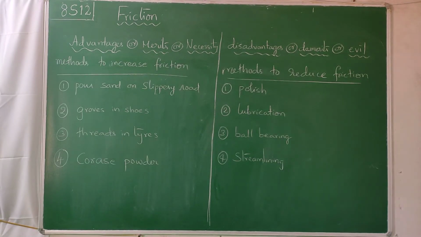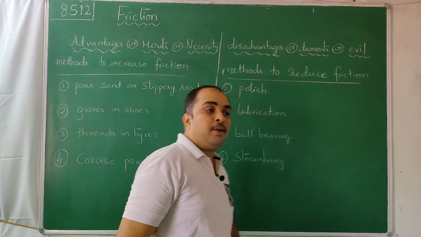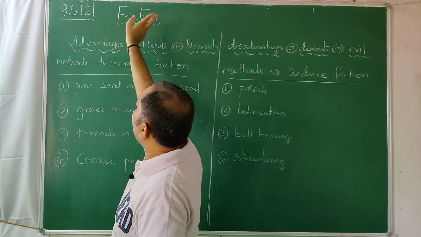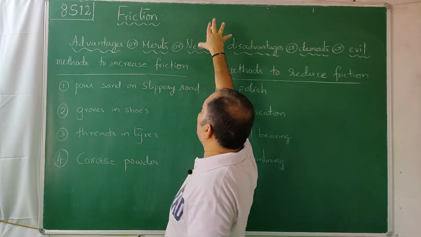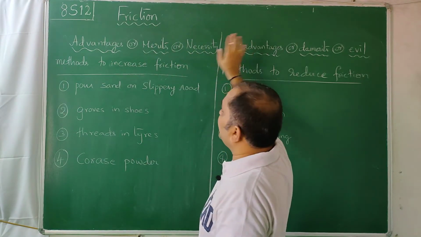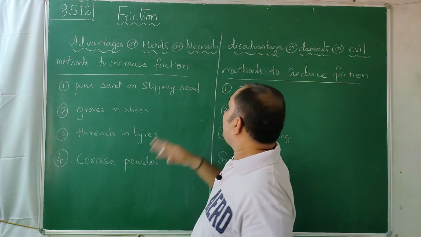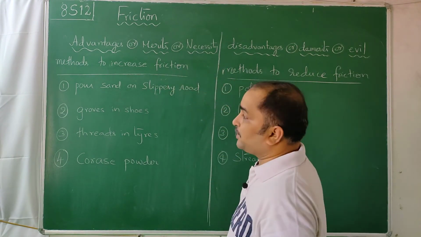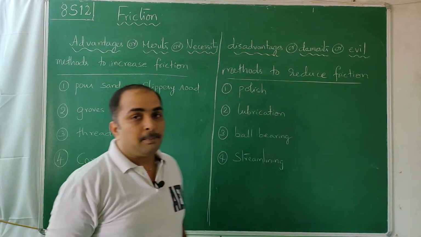Yes students, we are near the end of this chapter called friction, 8th class science, 12th chapter. We have advantages, or merits, as well as disadvantages. Advantages we increase, disadvantages we decrease. So there are methods of increasing friction and methods of minimizing friction. Where do we do it practically?